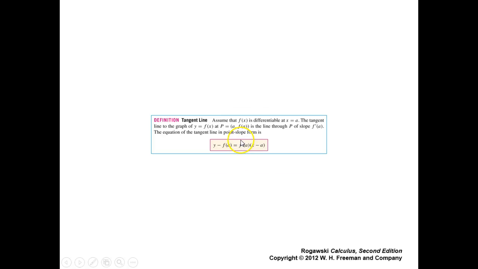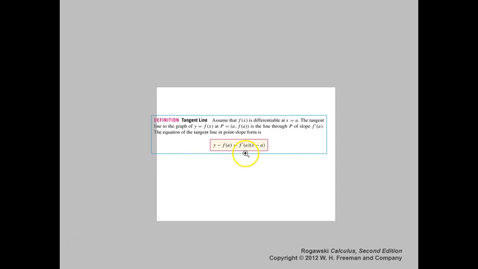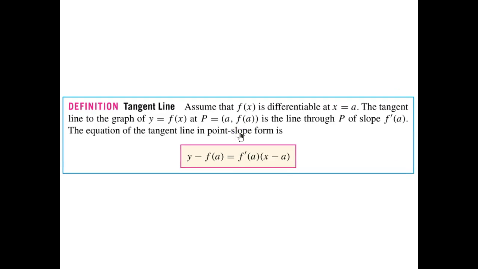Now, let's talk a little bit about tangent lines. We know theoretically what they are. We know graphically what they are. Let's give a little bit more formal definition. Assume that f is differentiable at x equal a. Got to be a differentiable function. The tangent line to the graph of y equals f of x at that point P, which is (a, f of a).